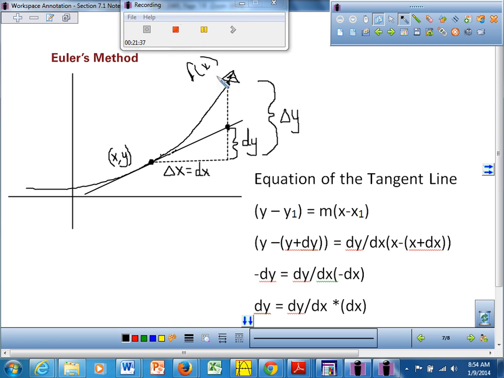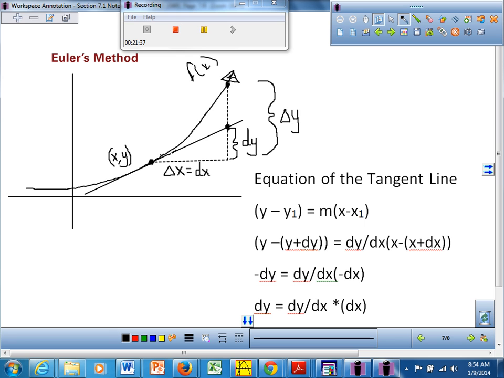And I have a point on f of x here. And then I have the tangent line at that point. What I want to show is moving a distance to the right and finding the y value that's on the tangent line and the y value that's on the function.